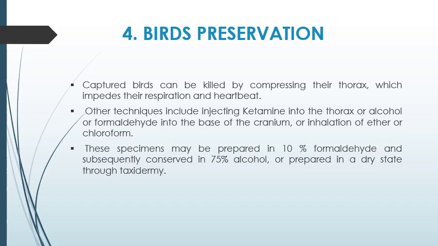These specimens may be prepared in 10% formaldehyde and subsequently conserved in 75% alcohol, or prepared in a dry state through taxidermy. What is taxidermy? Taxidermy means the preparation of the skins in a dry state. Obviously, skins are preserved in a dry state. So the preparation of the skin of an organism is called taxidermy.